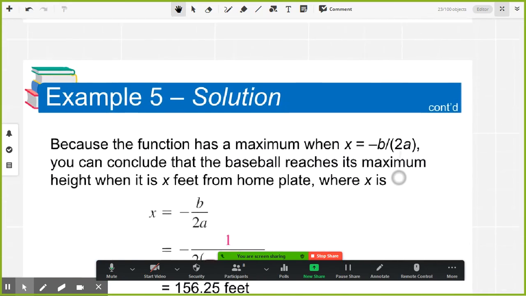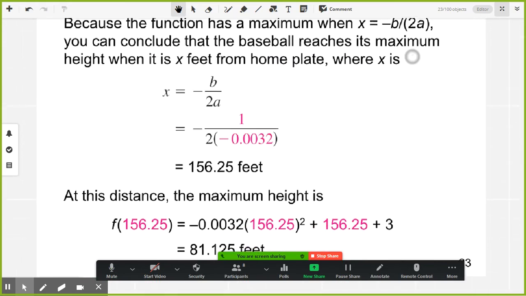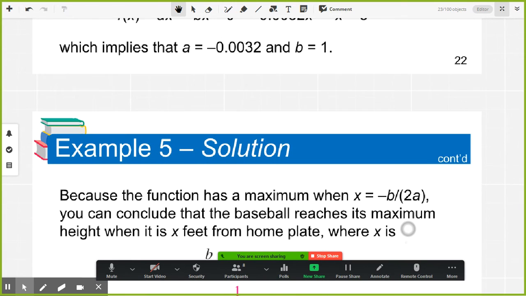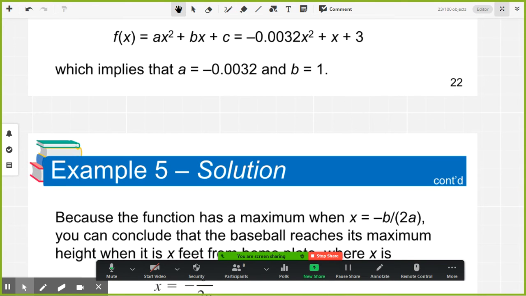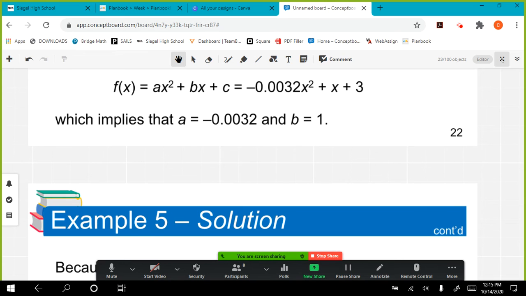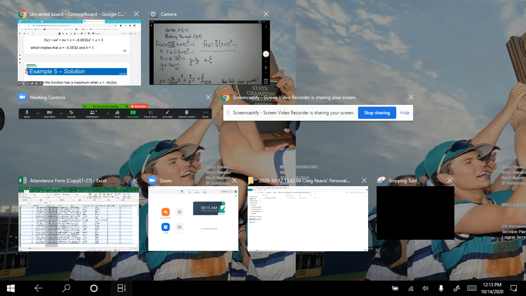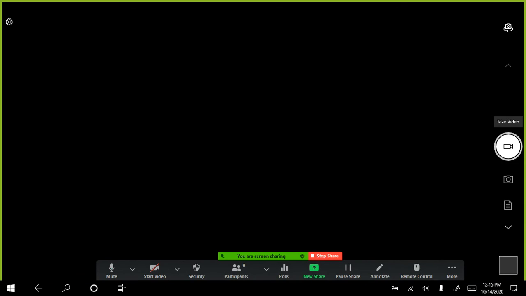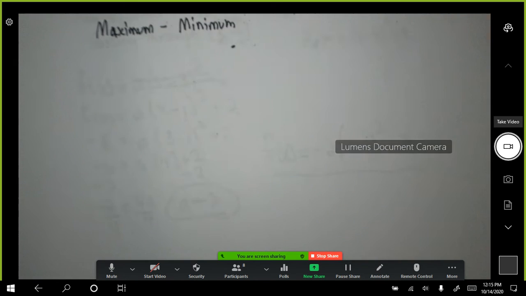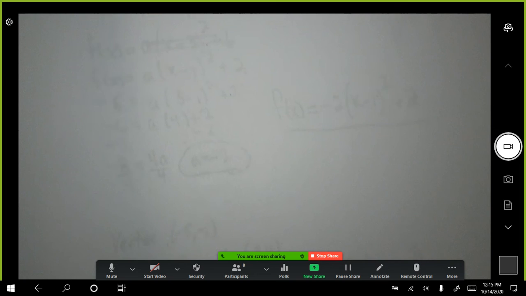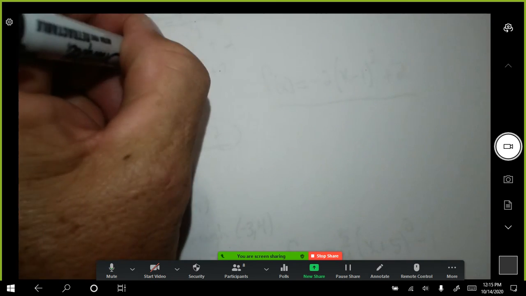This isn't what I want. Let's scratch that. Let's go to what I want, this right here. All right, we're going to be talking about a football punt.